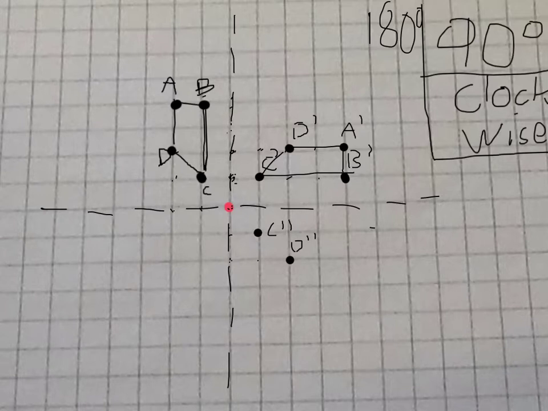And for the last point, we count to be 1, 2, 3, 4. So 4 up and 1 to the side. Let me just erase that. And so the new B point would be right there. Sorry.